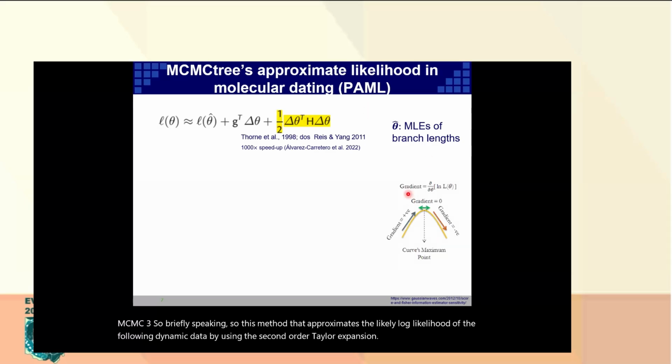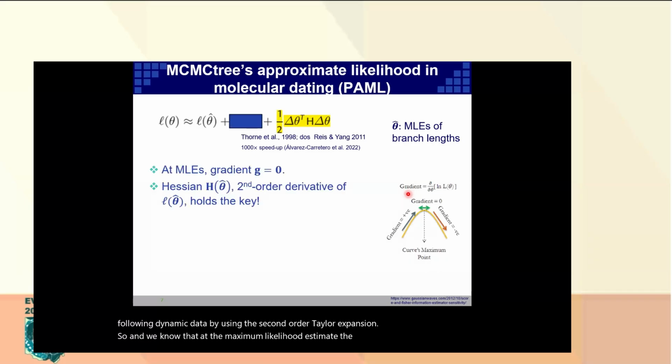And we know that at the maximum likelihood estimate, the gradient is equal to zero. So roughly speaking, we can ignore the gradient, and now our focus is how to estimate the Hessian evaluated at the maximum likelihood estimate of the branches, theta hat.